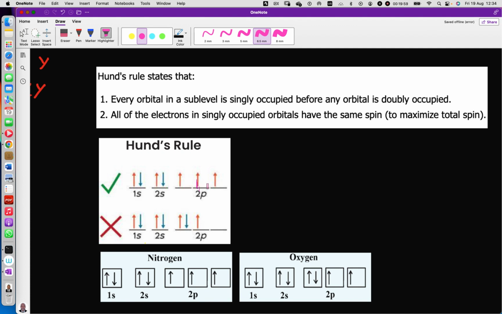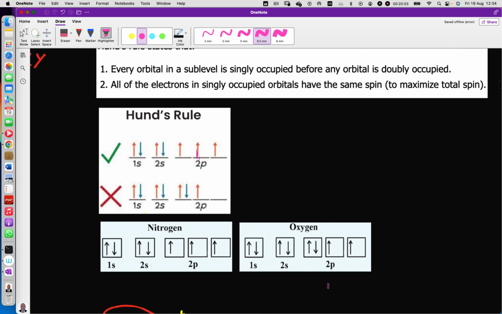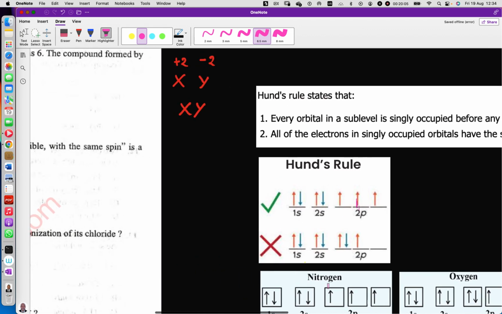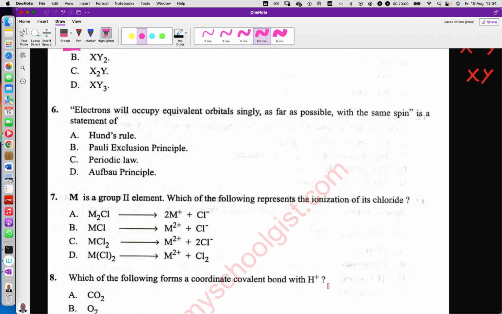And that is why this question says that electrons will occupy equivalent orbitals singly as far as possible with the same spin. With the same spin is a statement of Hund's rule, which I've just explained. So our answer is A. Question number 6 is A.